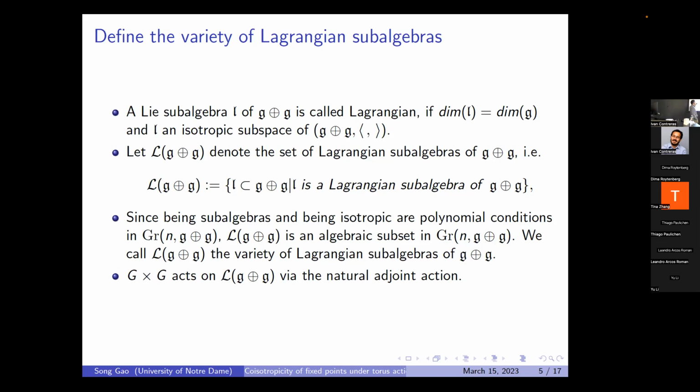We call this the variety of Lagrangian subalgebras of G plus G. Here the term variety doesn't mean that it's irreducible. It can be reducible, and in general it is reducible, with many components. And the fact is that the double group G cross G acts on this variety via the natural adjoint action.